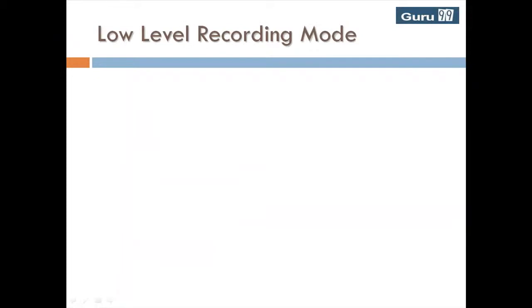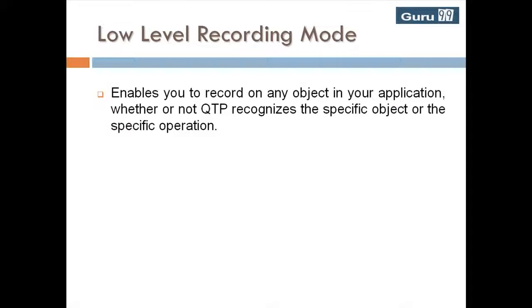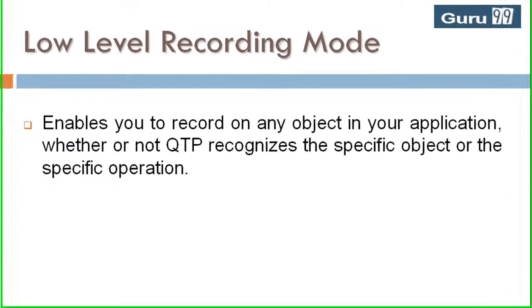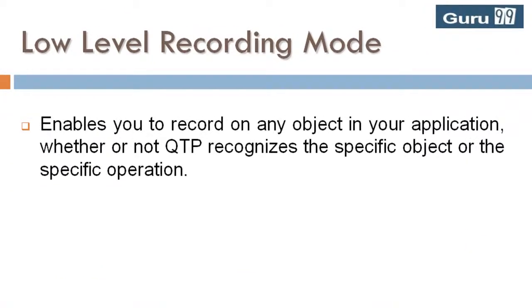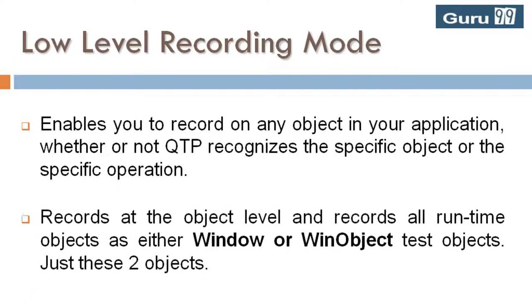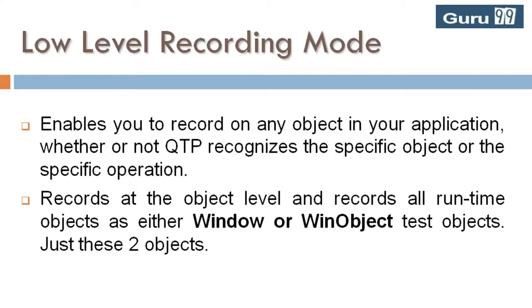Next, low-level recording mode. Low-level recording mode enables you to record on any object in your application, whether or not QTP recognizes the specific object or the specific operation. It records at the object level and records all runtime objects as either Window or WinObject test objects, just these two objects.